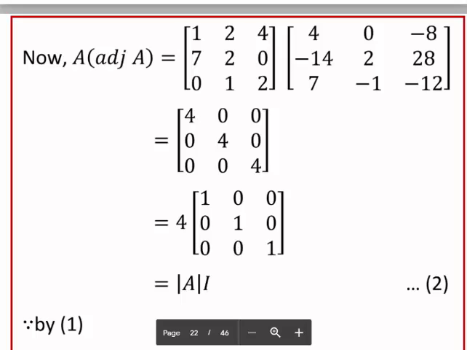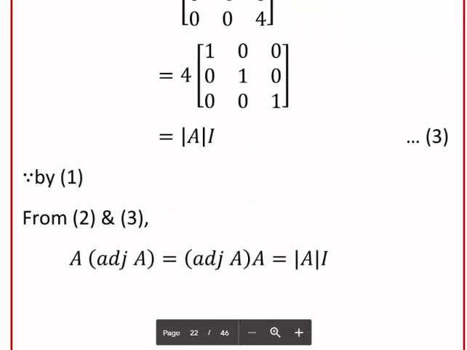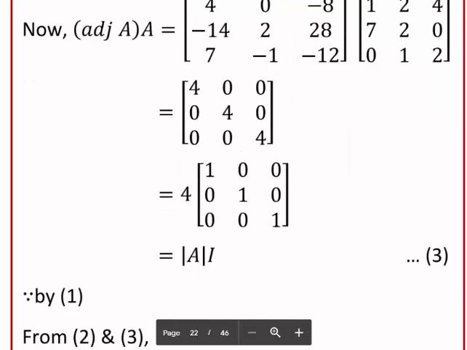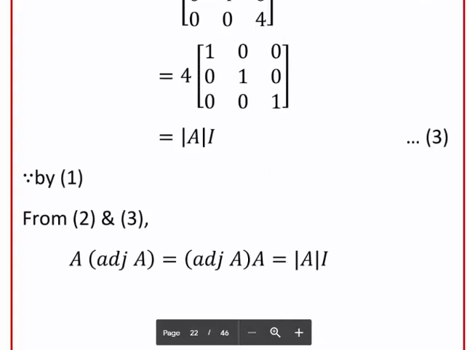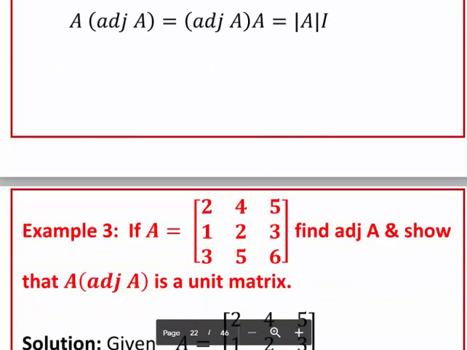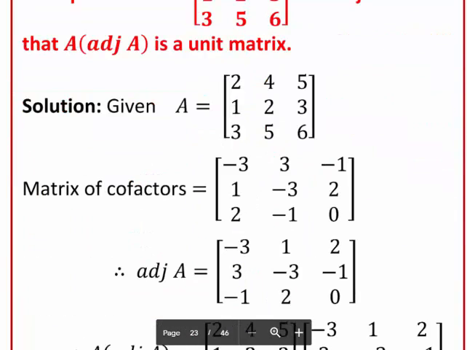Half part we already did. Similarly we can do adjoint of A into A, and that is also equal to determinant of A into I. From 2 and 3 we get this required equality. Let us go for the next example.